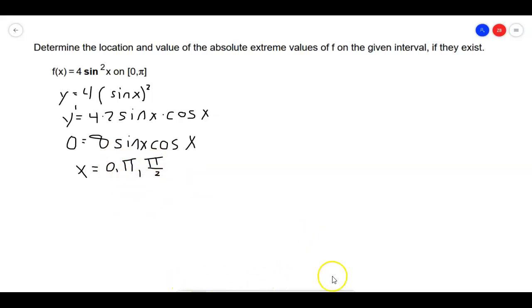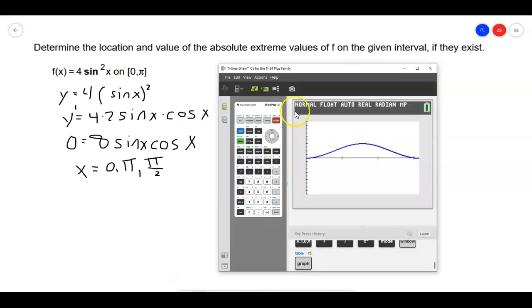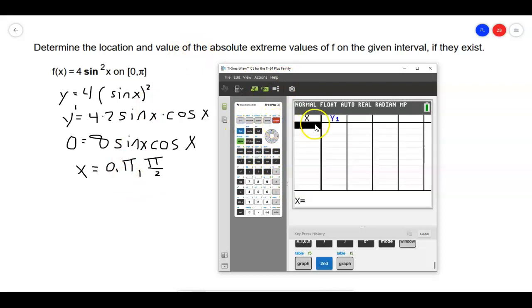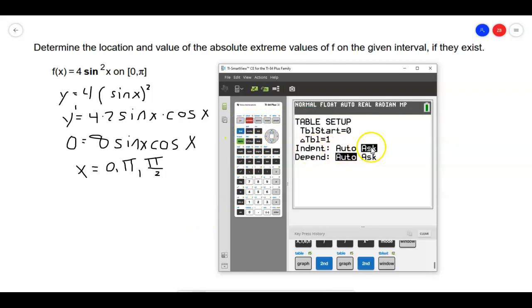So let's go back up to our calculator and put in those 3 points, and if they happen to be our highest or lowest y values, those are going to be extreme values. So let's go to second graph. Remember, if you go to second window first, you want to make sure your independent is on ask and your dependent is on auto.